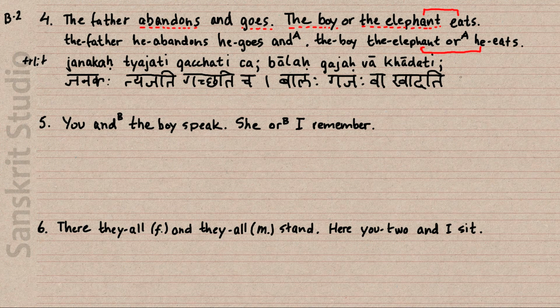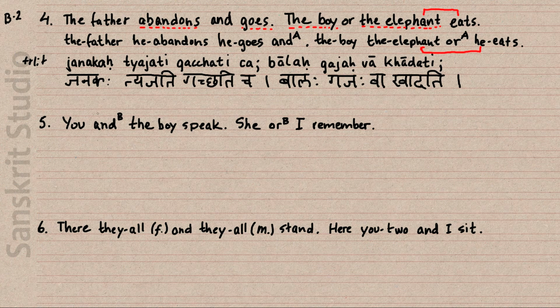So I think in the modern world there are only conjunctions when we're talking about "or" and "and". Okay. So Balaha Gajaha Va Khadati, and then we had Janakaha Jahati Gachati Cha.